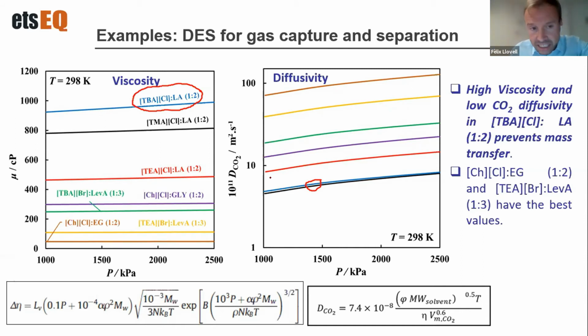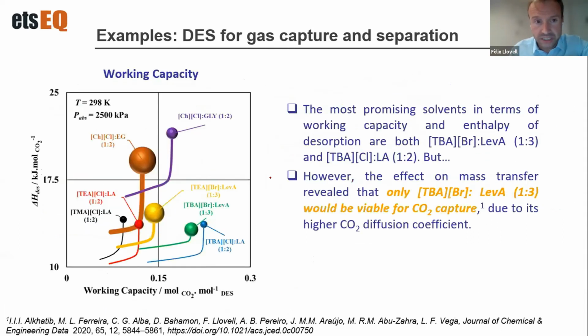I'm highlighting this because it is important to consider all properties before saying what is the best compound for a particular application. The summary is shown here. The enthalpy of desorption and the working capacity are shown, and the round circles represent the mass transfer capacity.